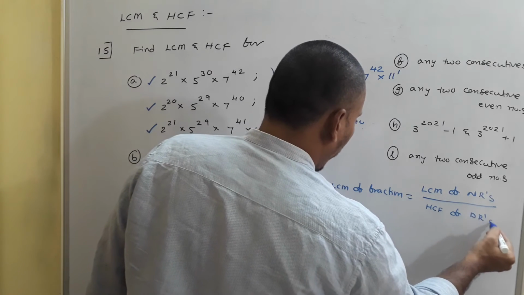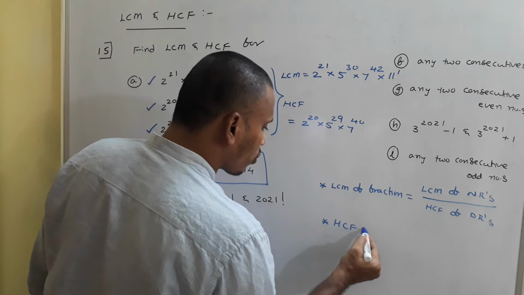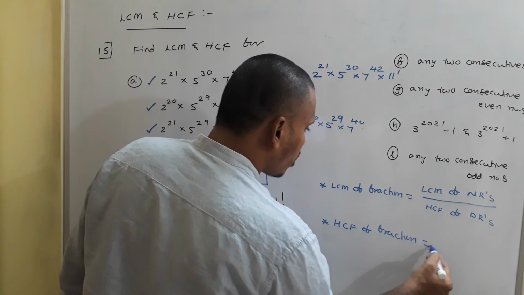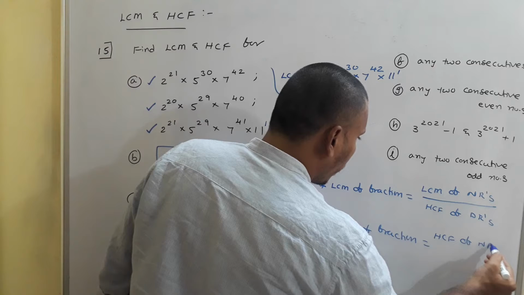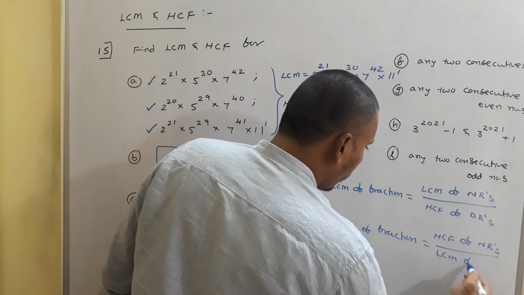That's the rule to find LCM. In the same way, HCF of fractions is nothing but HCF of numerators divided by LCM of denominators.